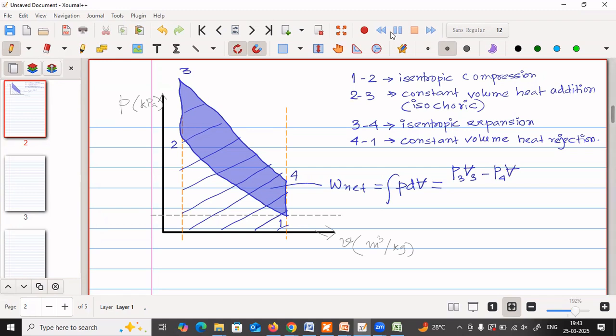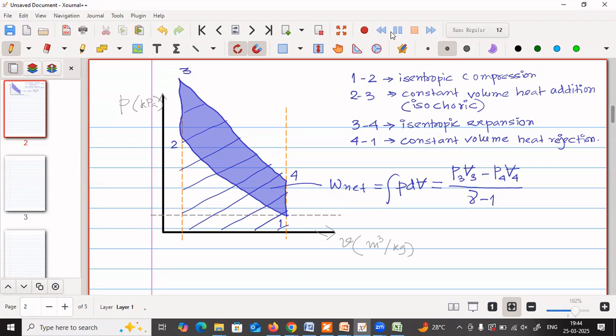I will use this symbol V cut for the total volume, and capital V I will be using for velocity. So it is P3 V3 minus P4 V4 by gamma minus 1. This is for the isentropic expansion process, the area under this.